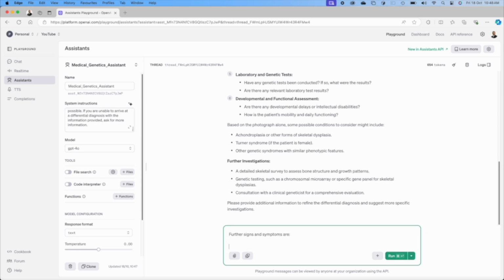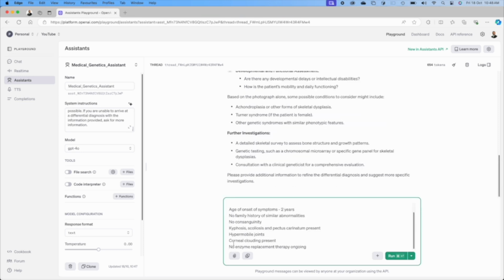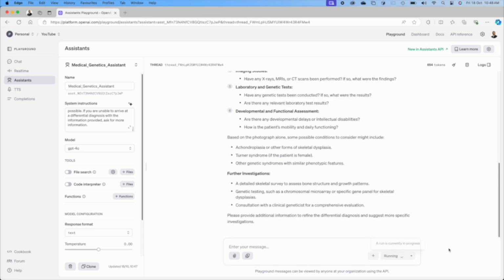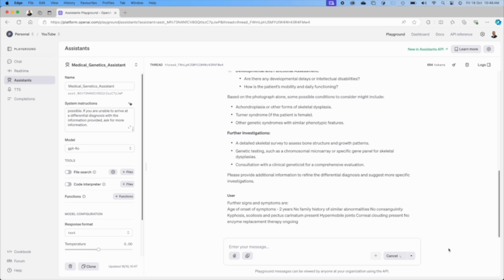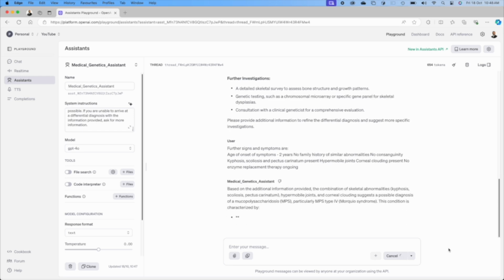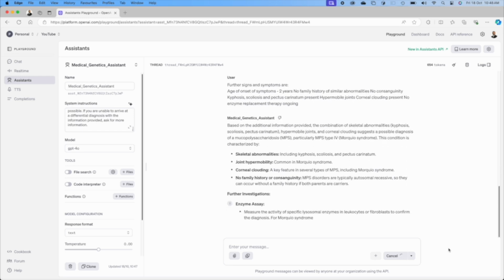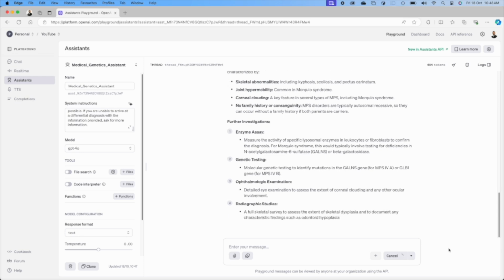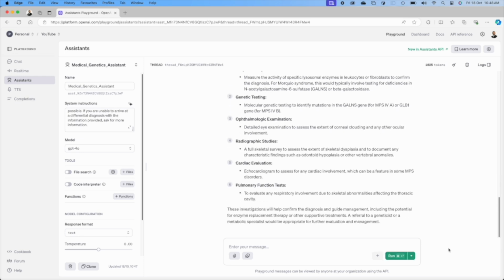I think it's similar to the way we would work up a case. Unless we have all the information, we cannot really make up any differential diagnosis. So with this minimal information, you can see that the model has now come out with a fairly good response in terms of what it expects the condition is.